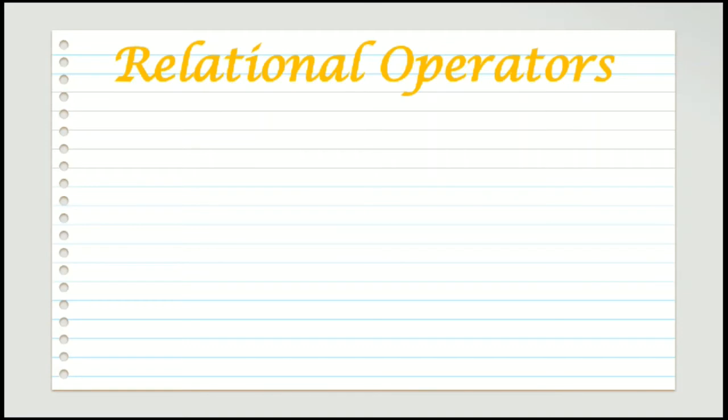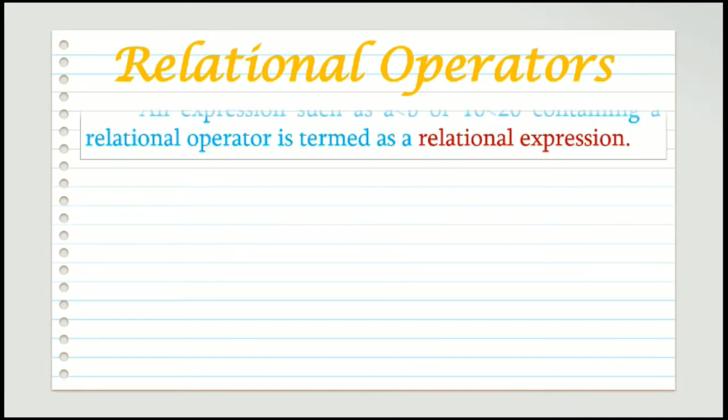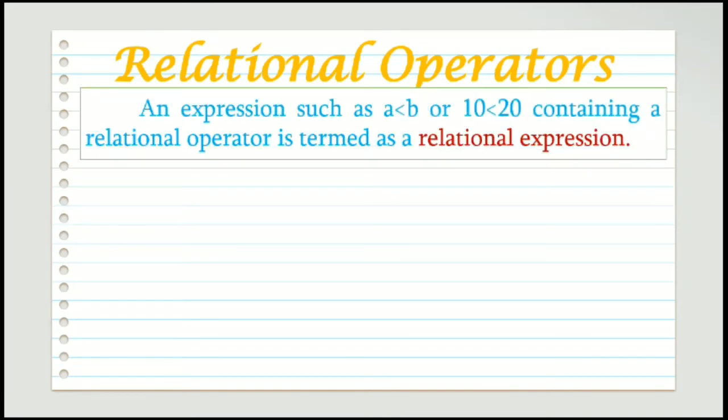This comparison can be done with the help of relational operators. An expression such as A is less than B or 10 is less than 20, containing a relational operator, is termed a relational expression.